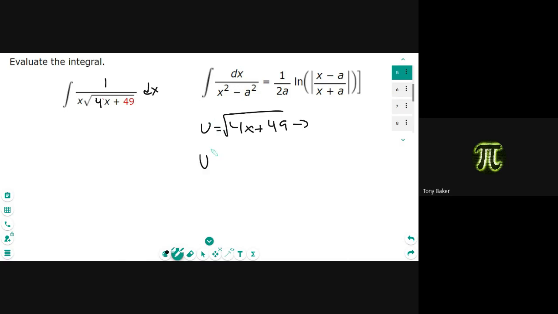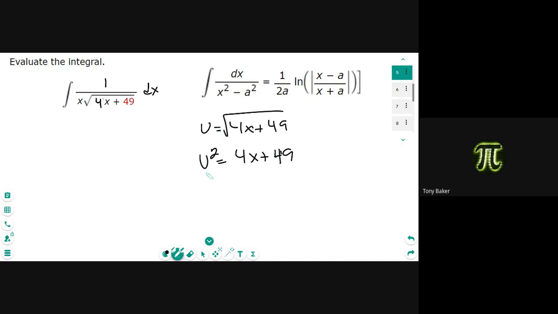All right, so this is u squared equals 4x plus 49. They should bust out the big eraser. Ruining my paper. And that way you can just cancel out stuff.